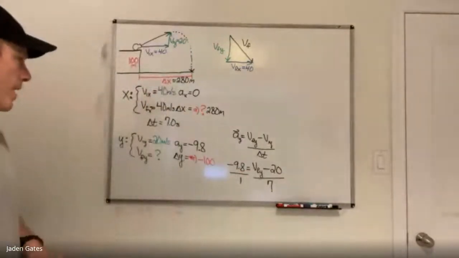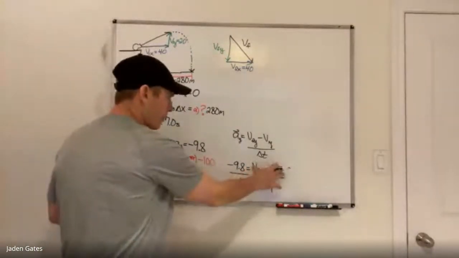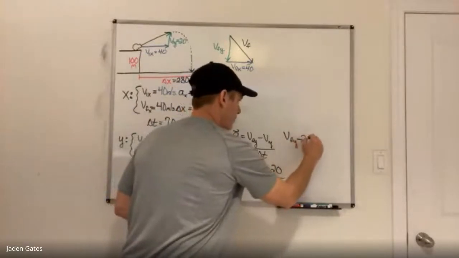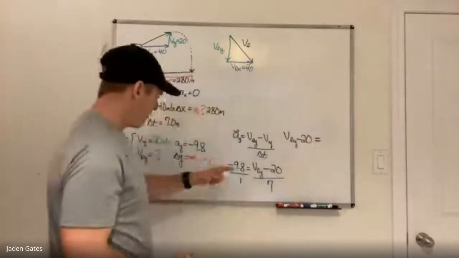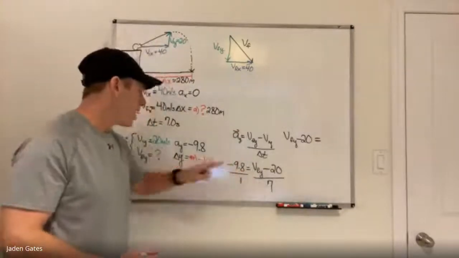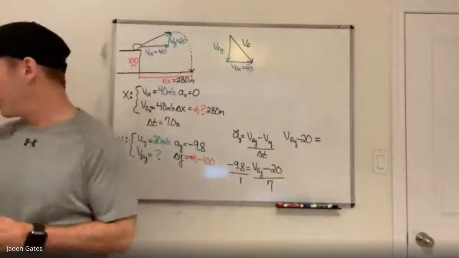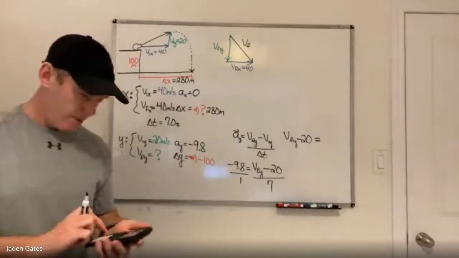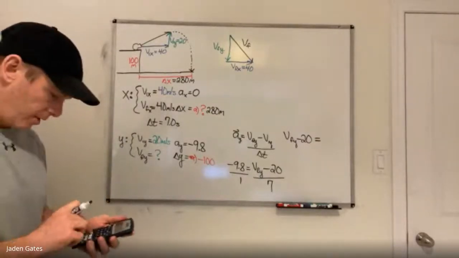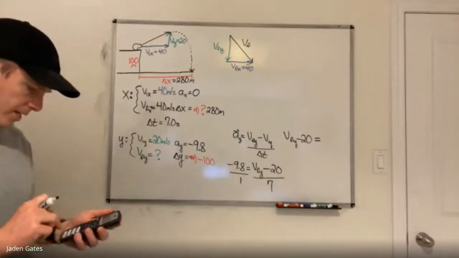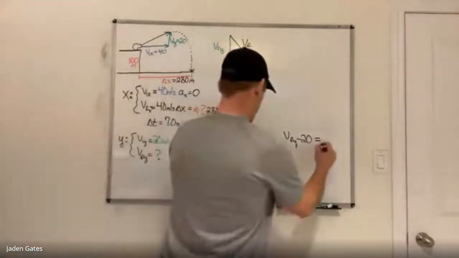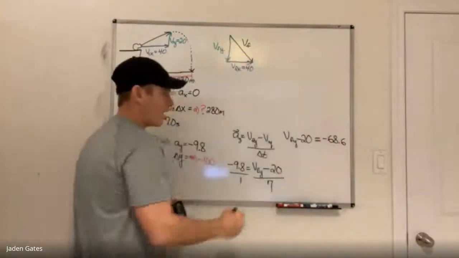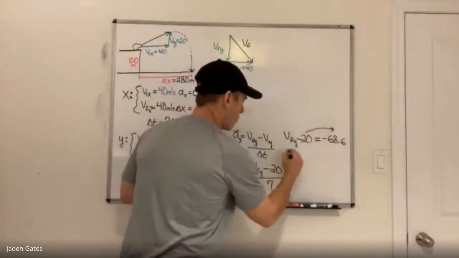So I'm going to have 1 times this whole thing, and then 7 times negative 9.8. Let me use the calculator. 7 times negative 9.8, and I get negative 68.6.